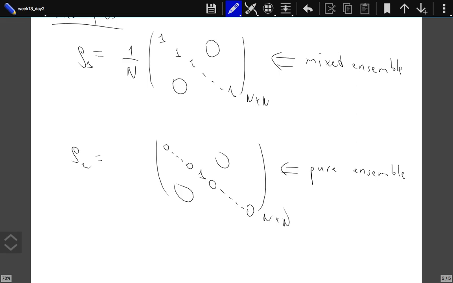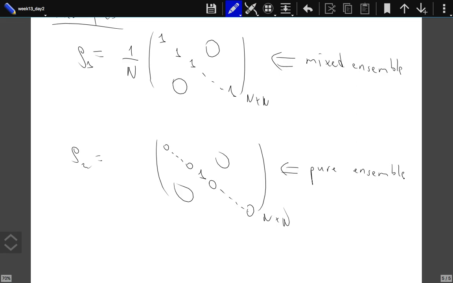Now, how can we distinguish these two systems? That's kind of the question we will ask. We said that there is a basis in which the density matrix looks simple. What if the density matrix is not given in this basis? We already know that if you take rho squared and calculate the trace of rho squared, if it is 1, it's a pure state, a pure ensemble.